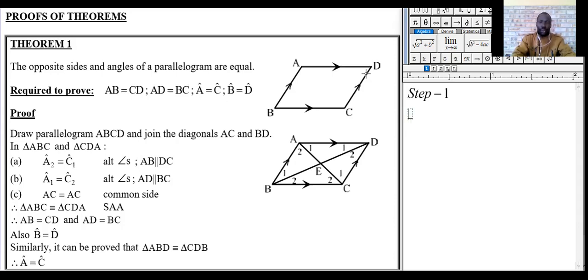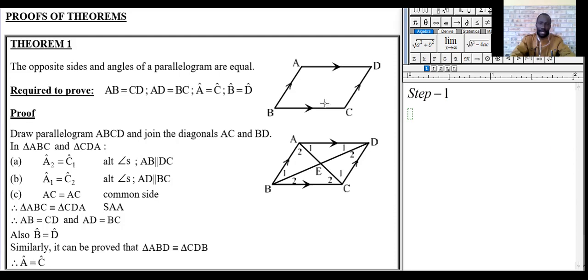The first thing we want to do is to connect point A to point C. When we connect point A to point C, we form a straight line, and that straight line is known as a diagonal.